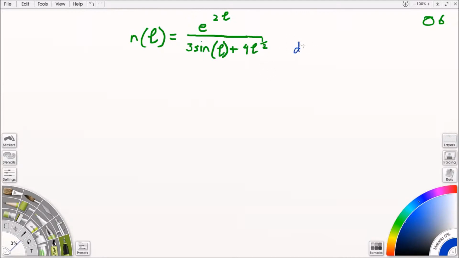So I think it's the derivative of f on the top, g of x on the bottom, and then I think it's like this.